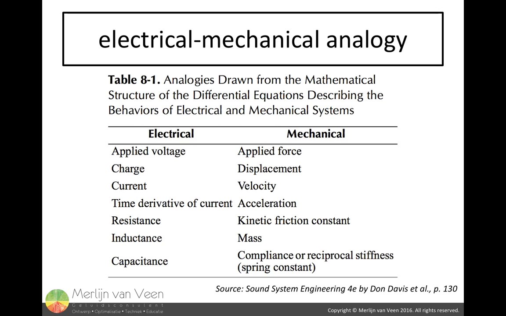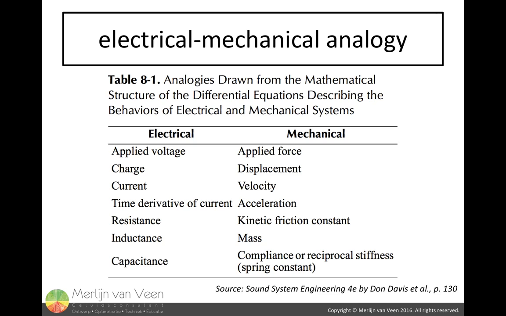Through the electrical mechanical analogy, we can study the capacitor's behavior by looking at a spring. The electrical mechanical analogy tells us that mechanical properties like applied force can be expressed as applied voltage in an electrical circuit.